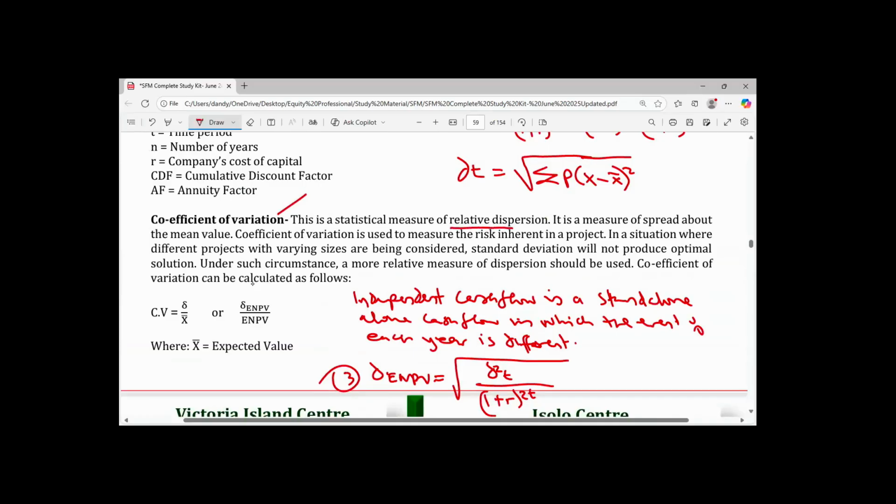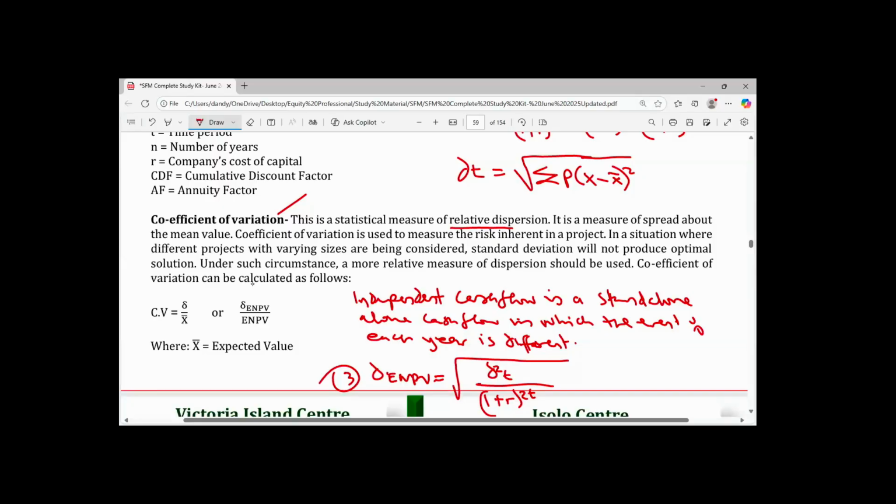Coefficient of variation measures the risk associated with a project. The higher the coefficient of variation, the riskier the project. Where two or more projects are being considered, any project with a lower coefficient of variation should be selected.